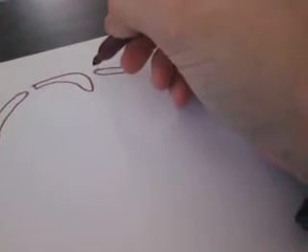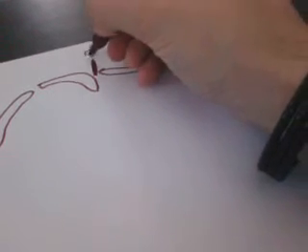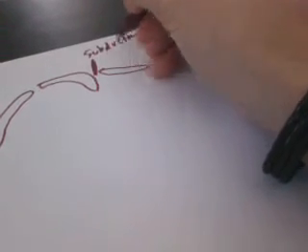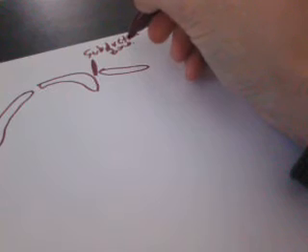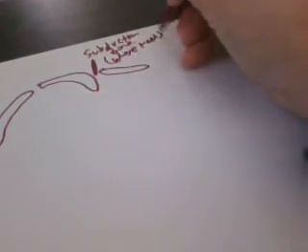Now, when a tectonic plate sinks below another one, the region is called a subduction zone. A subduction zone is where tectonic plates meet and come together.